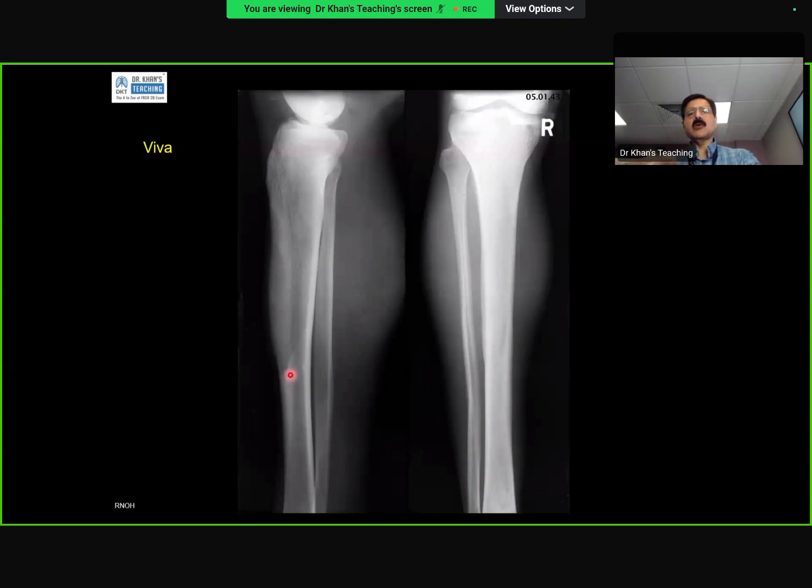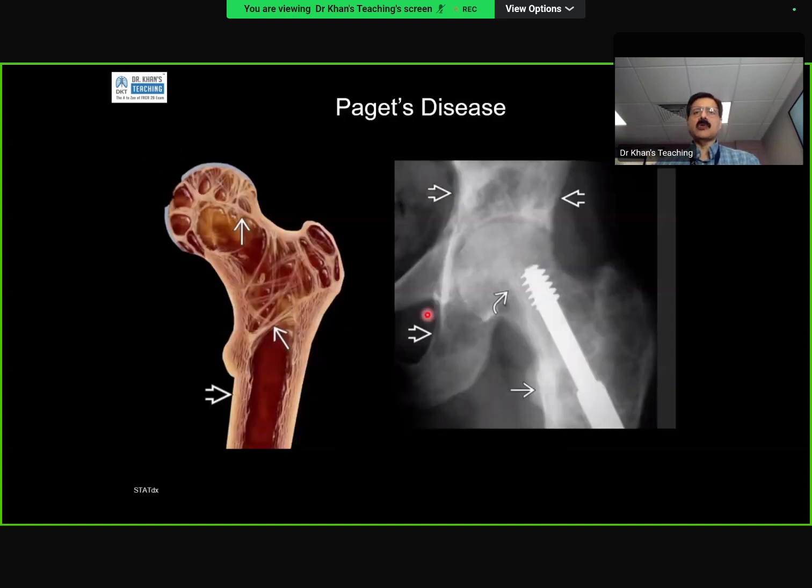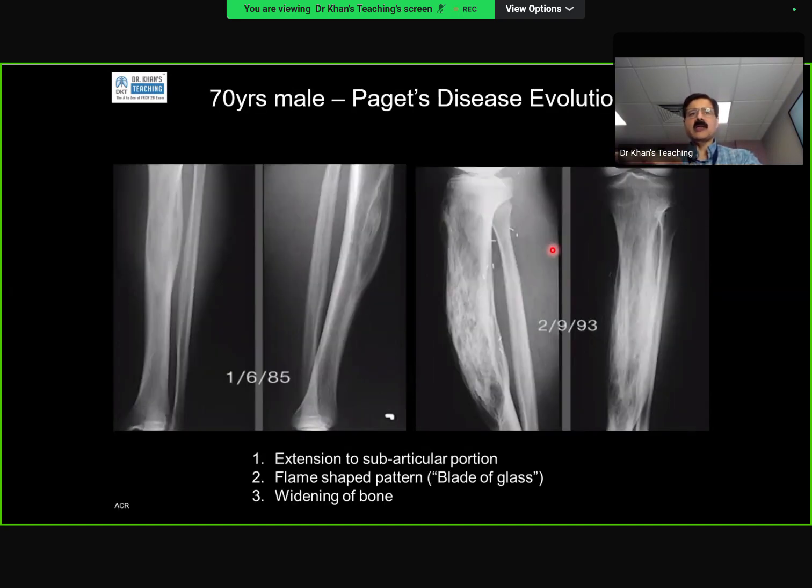Paget's disease is, there is expansion of the bone and there is the mixed phase. So remember that.